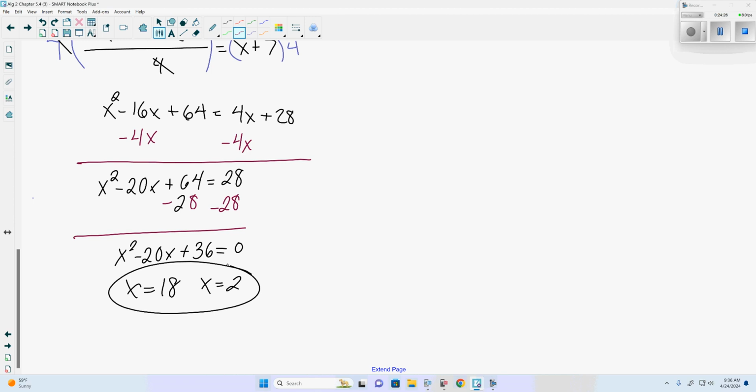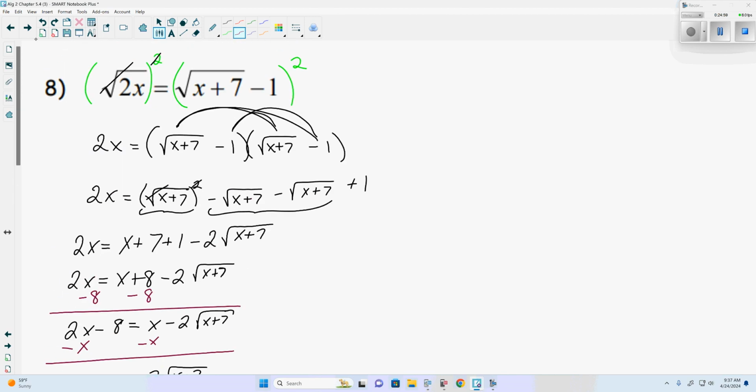Now the reason I asked about that is because if we factor this, we would do our signs, and then the next thing would be factors of the first and third term, yes? Well, factors of x squared are just x and x. Now if we look at the factors of 36, we have 1 and 36, 2 and 18, 3 and 12, 4 and 9, 5 doesn't work, and then 6 and 6. Well, since 2 was one of our solutions, it would be one of the factors, so 18 had to be the other. Because it works out with those factors. It helps us see what our solutions would be. 18 and 2.